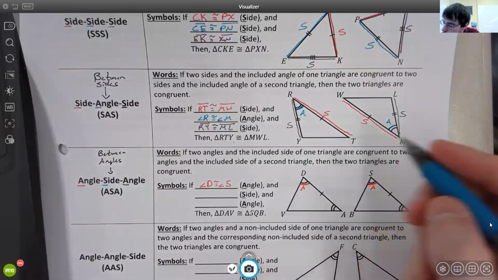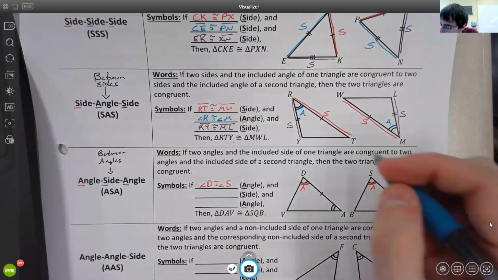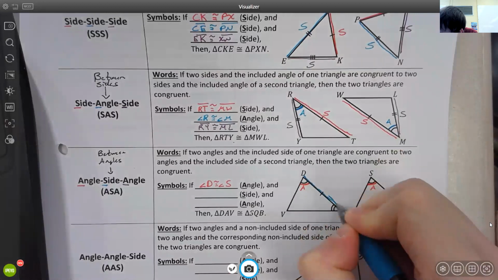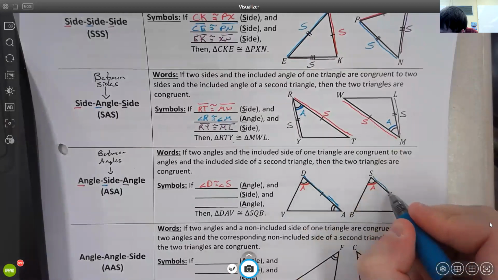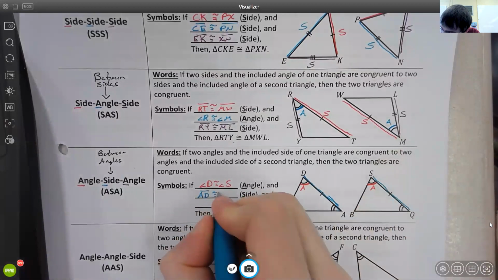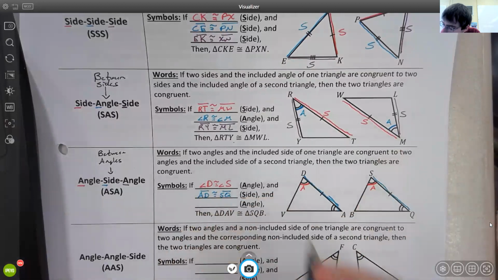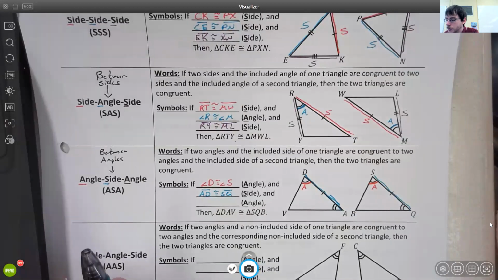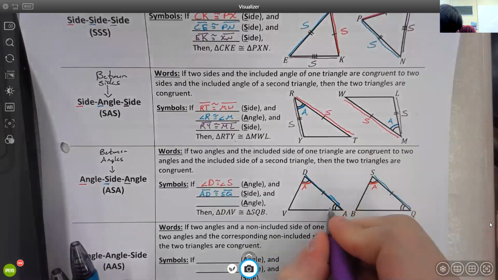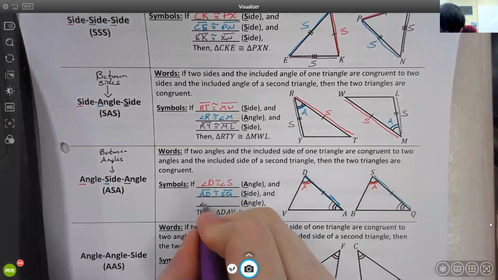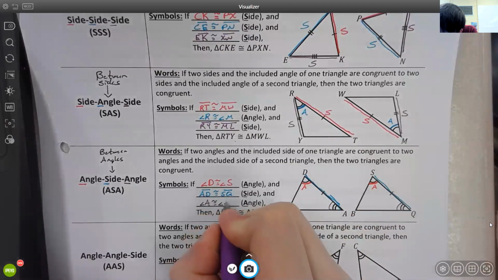Then our side, well, the only side that's marked congruent here is AD and SQ. So AD is congruent to SQ. And then our final angle here, which is angle A and Q. So angle A is congruent to angle Q.